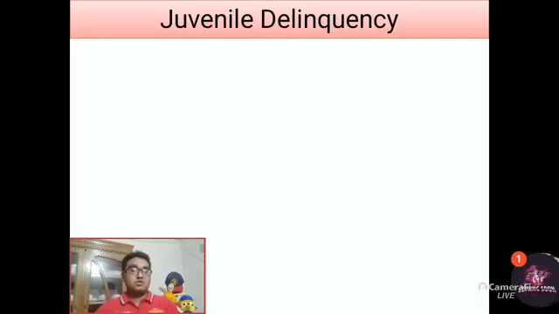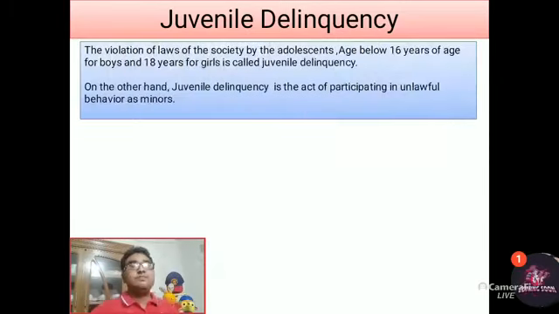Now I am going to show these two definitions to you. That means the violations of laws of the society by adolescents below 16 years of age for the boys and 18 years for girls is called juvenile delinquency.